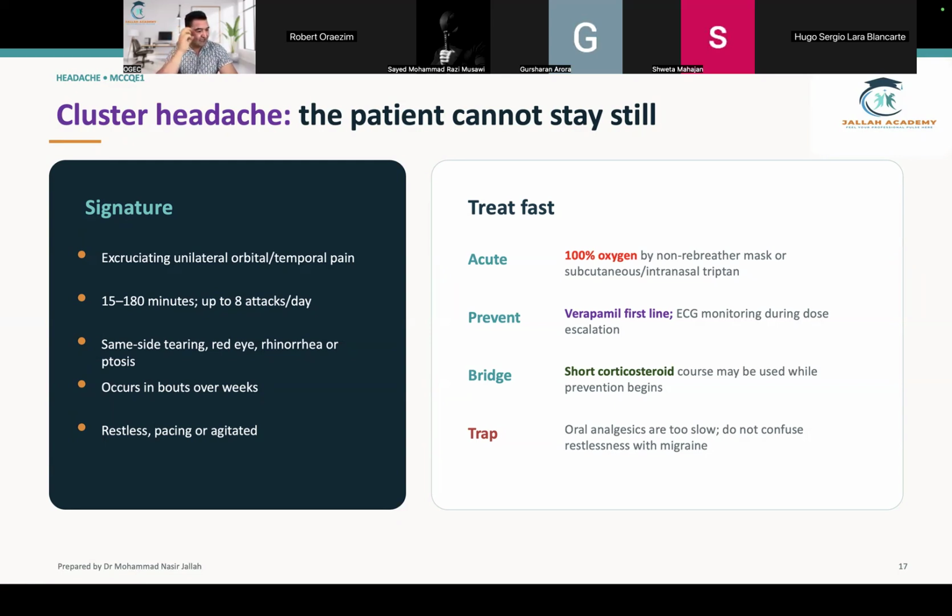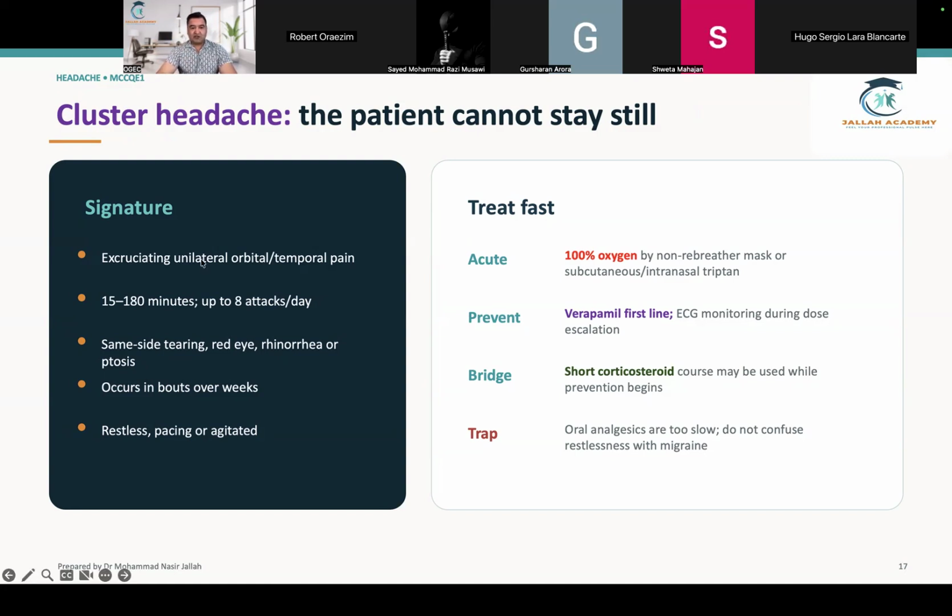Usually it is like a coin-like pain. It could be in the temporal area, in the eye, at the forehead or frontal area, at the top of the head. It could be anywhere, like a coin. But if it is on the right side, the patient will start tearing from the same side and have rhinorrhea from the same side.